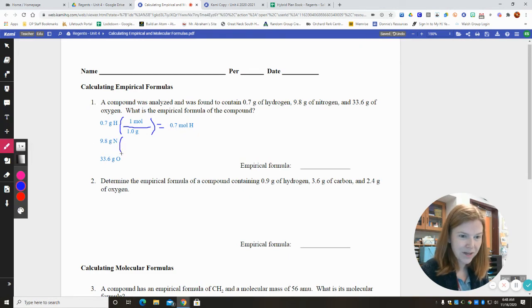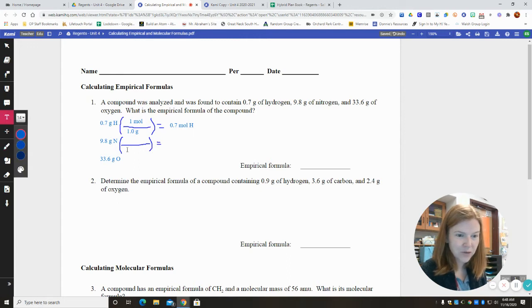I'm going to do the same thing with the next one. I have 9.8 grams of nitrogen. I have to plug in my molar mass, so 14.0 grams per 1 mole. In my calculator, 9.8 grams divided by 14.0 grams per mole gives me 0.7 moles of nitrogen.